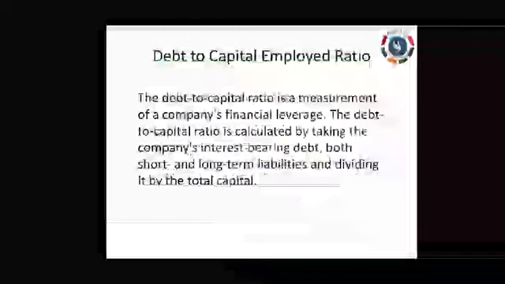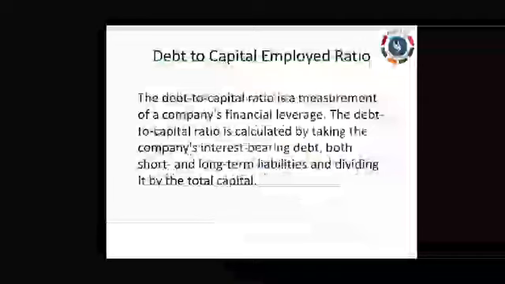The next one is the debt to capital employed ratio. Debt to capital employed is a measurement of the company's financial leverage. That is, the debt to capital ratio refers to the ratio of long term debt to the total of external and internal funds.